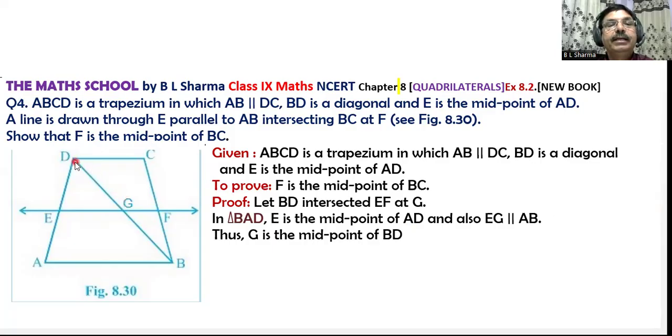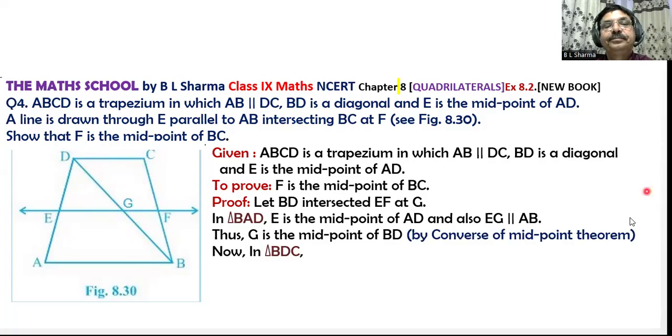Now in triangle BCD, because this line is parallel to this line, so GF is parallel to DC. G is already midpoint of BD, we have proved, so F will be midpoint of BC by converse of midpoint theorem.